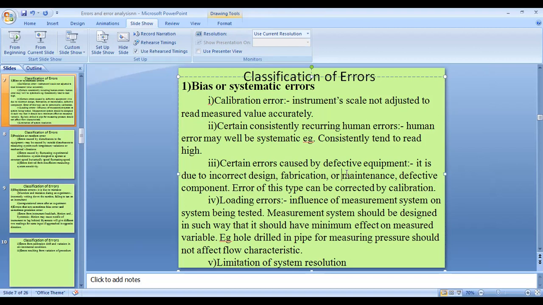When we measure the flow, we need to have some holes in the pipe to connect our manometer. When we create these holes, it also disturbs the flow. So that is called the loading effect. The loading effect can give error, because locally it will disturb the flow.